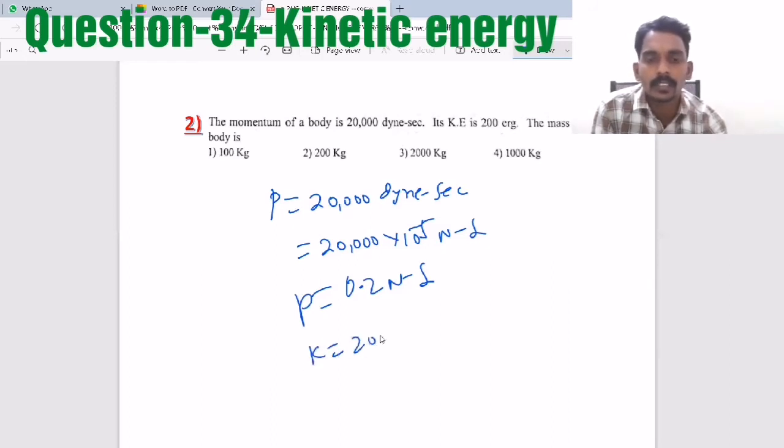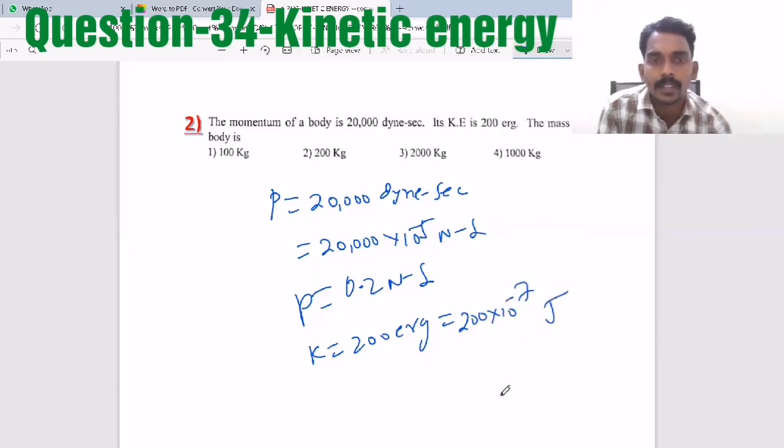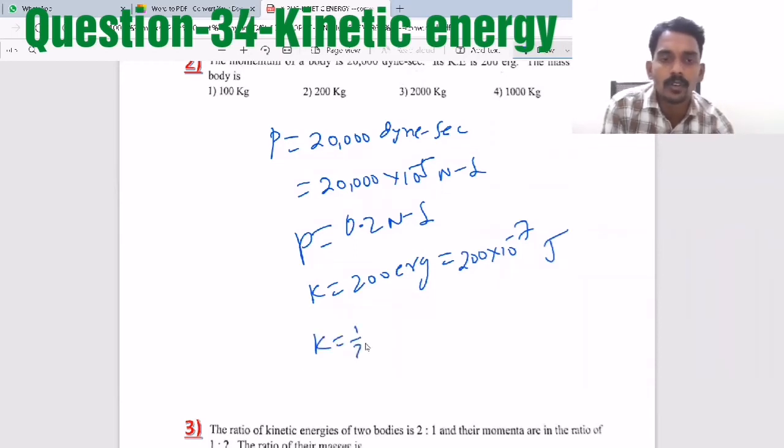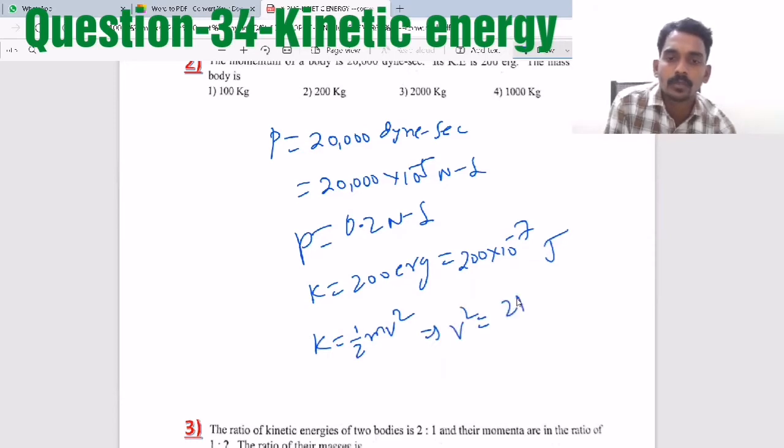Now kinetic energy is 200 erg. Nothing but 200 into 10 power minus 7 joules. Then they are asking mass of the body. Now K equal to half mv square implies v square equal to 2k by m.